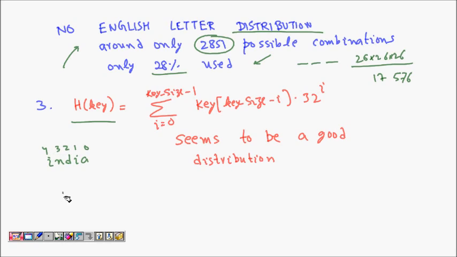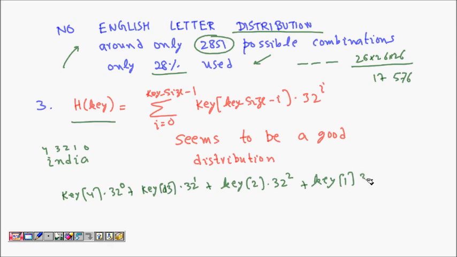The key size is 5, so key of 4 into 32 to the power of 0, plus key of 3 into 32 to the power of 1, plus key of 2 into 32 square, plus key of 1 into 32 cube, plus key of 0 into 32 to the power of 4. So this will be the summation.